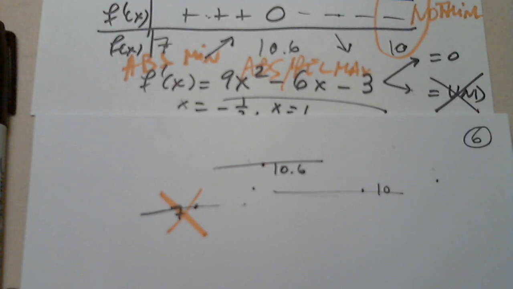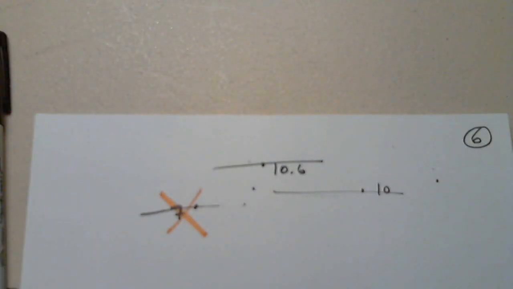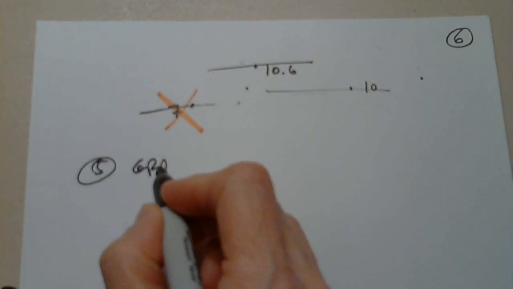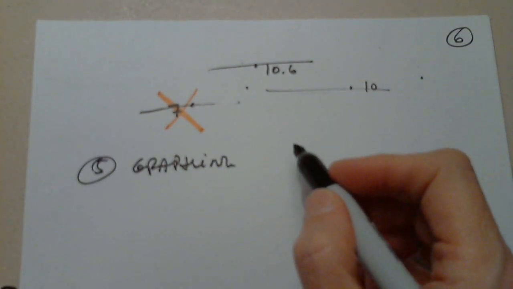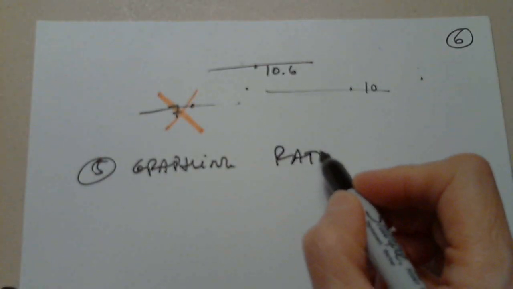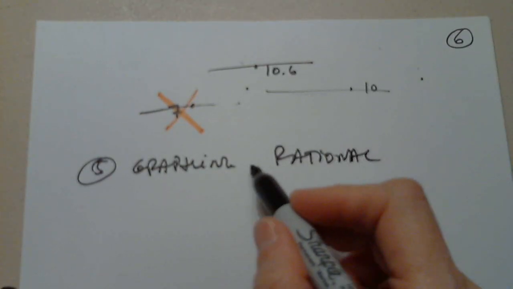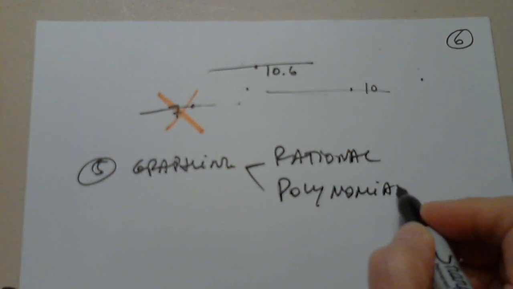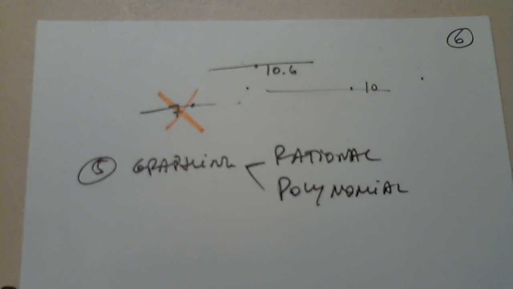Any questions? Okay, topic number 5, graphing rational functions and polynomial. Okay, so let's take a look at one function.